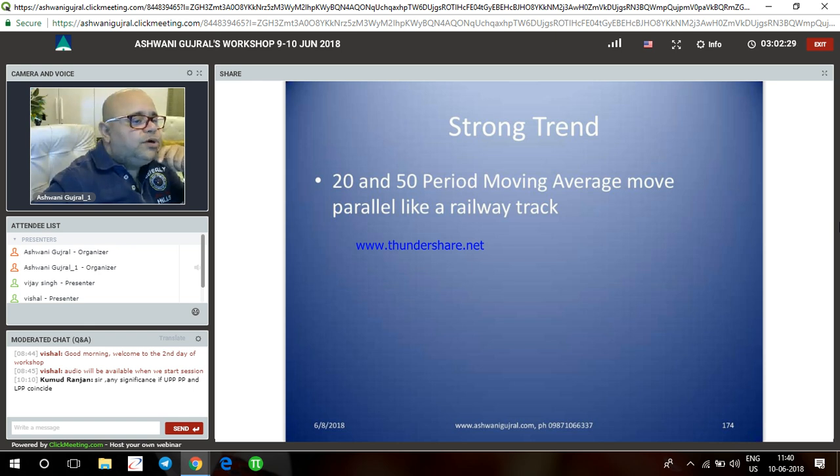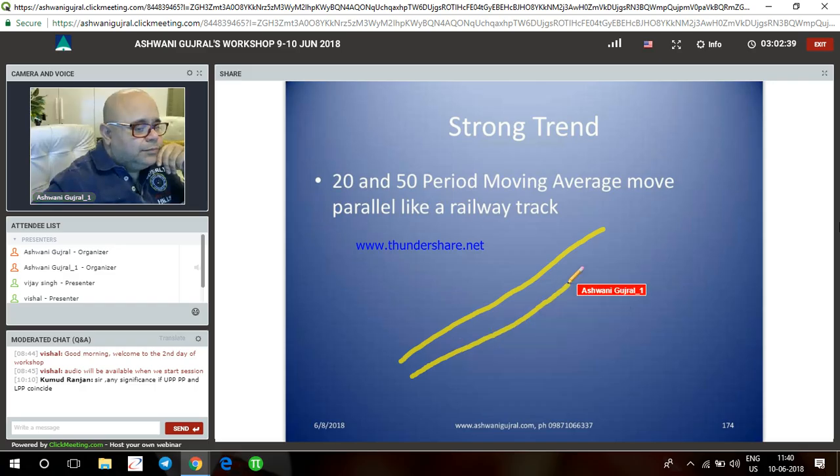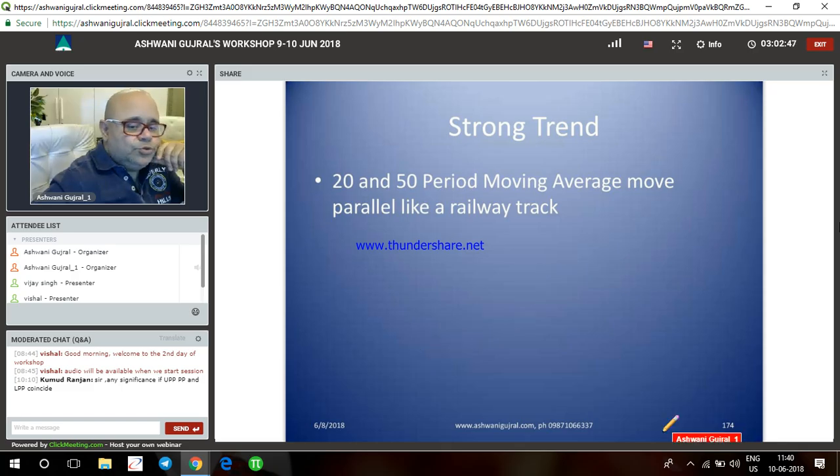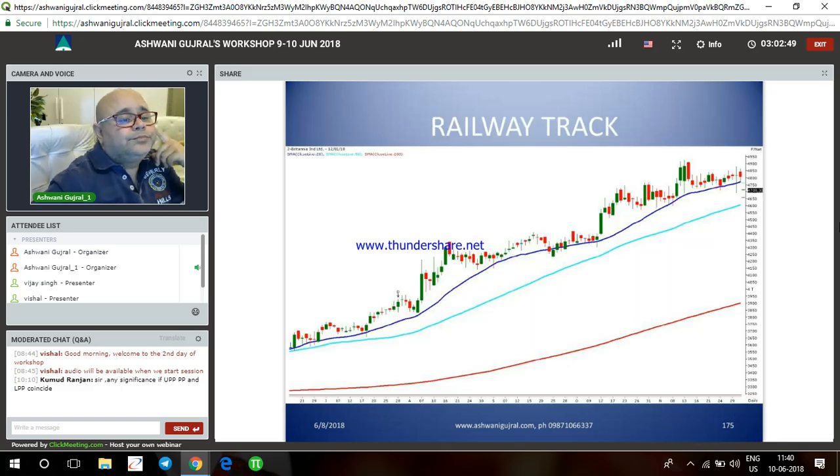Now let's see how you define a strong trend. Both the 20 and 50 should be moving in parallel, like a railway track. Let's do some examples.